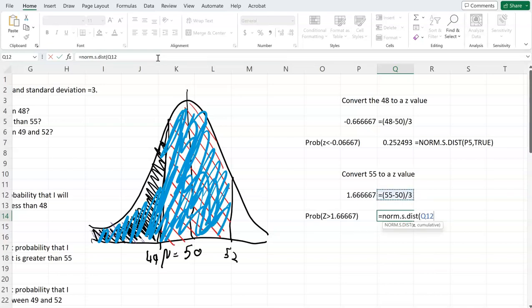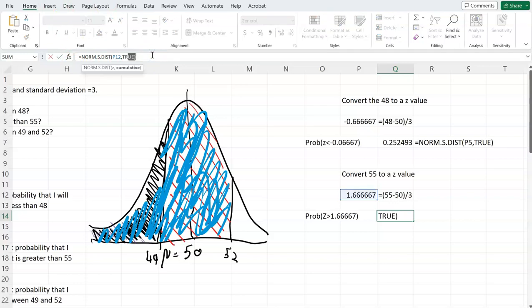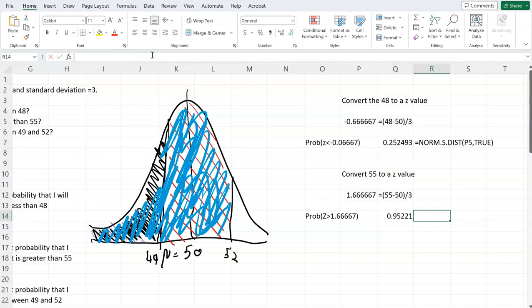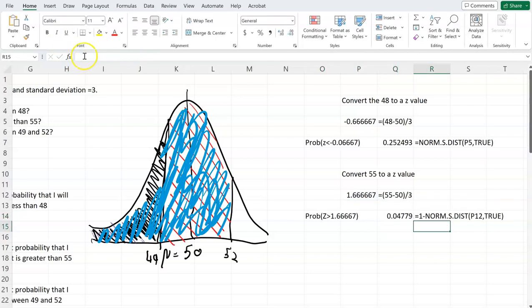The z is this value, and cumulative is true. And I get 0.9521, which again is from left to right. So what I need to do is write 1 minus that. So it should be 1 minus the z-value, and I get that value.